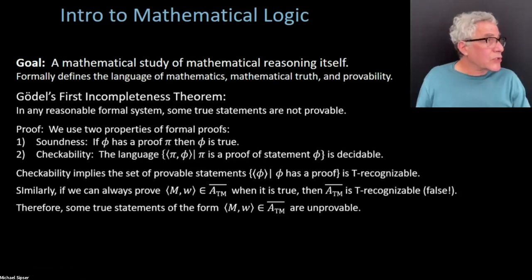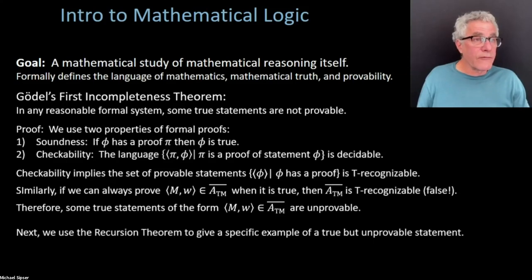Okay, so we've actually done the first half of Gödel's incompleteness theorem. The second half, which we're unfortunately not going to have time to finish, but let me give you the outline, is that we can use the recursion theorem to give a specific one. What we showed here is that there is some statement of this form which is true but unprovable. It doesn't exhibit a particular one.